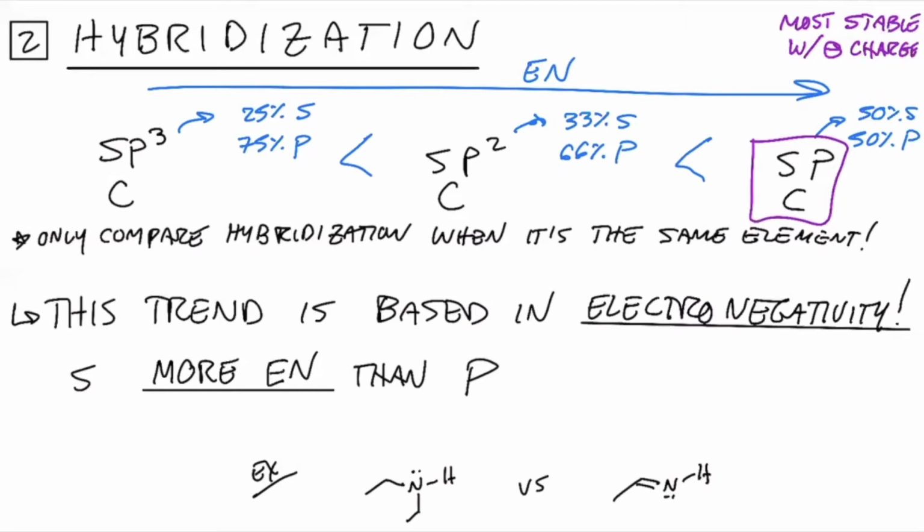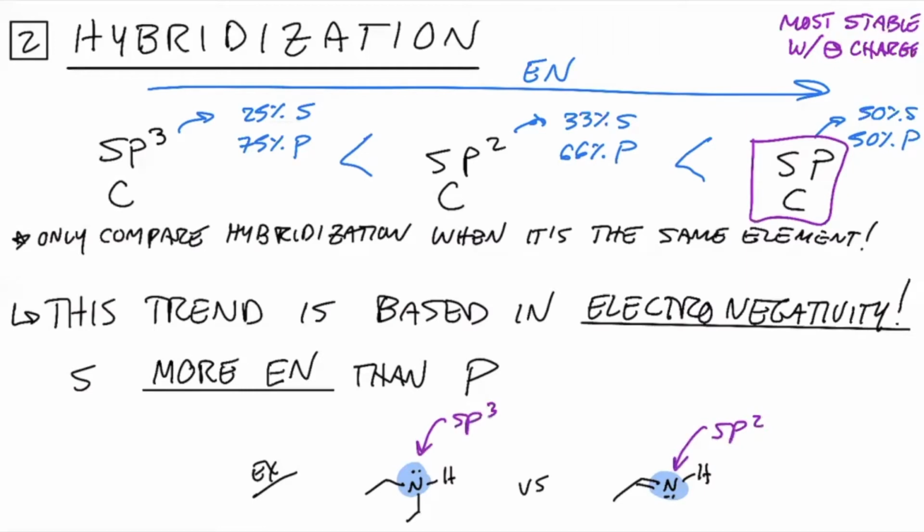If we're comparing these two nitrogen atoms here and evaluating the acidity of those hydrogens, we could say, all right, this one here is an sp3 hybridized nitrogen compared to this one, which is sp2 hybridized.